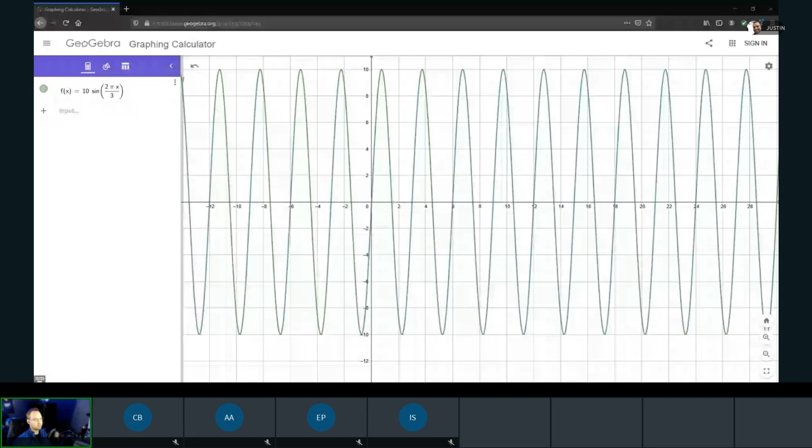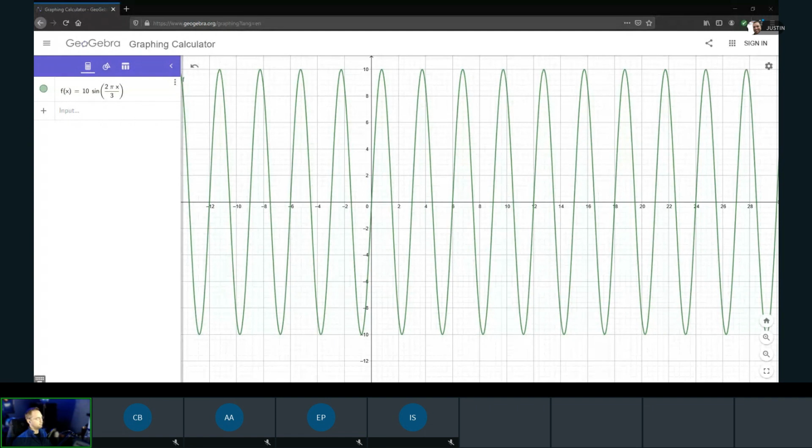So you can kind of think about it: when it's positive, it's swinging to the right. When our graph is negative, it's swinging to the left. And when it's at the x-axis, well, it's right in the middle. So that should make sense.